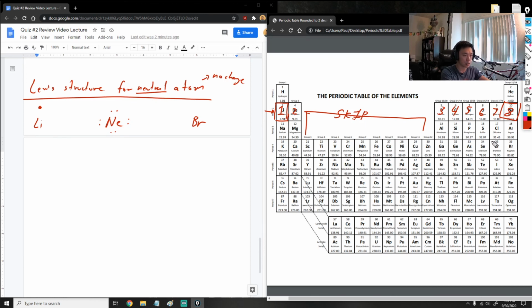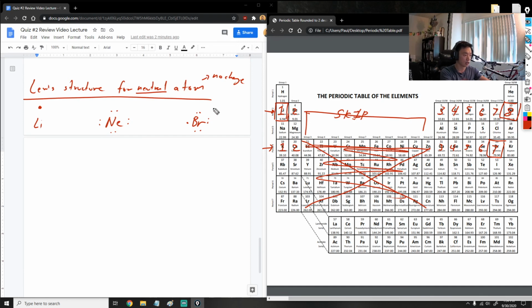So if you look at Br, Br is all the way over here. But if you guys remember, we skip this entire section, groups 3 through 12, we skip this. So Br is in this row, row number 4, so we can just count 1, 2, skip, 3, 4, 5, 6. Br is 7, so Br only needs 7 valence electrons, right?